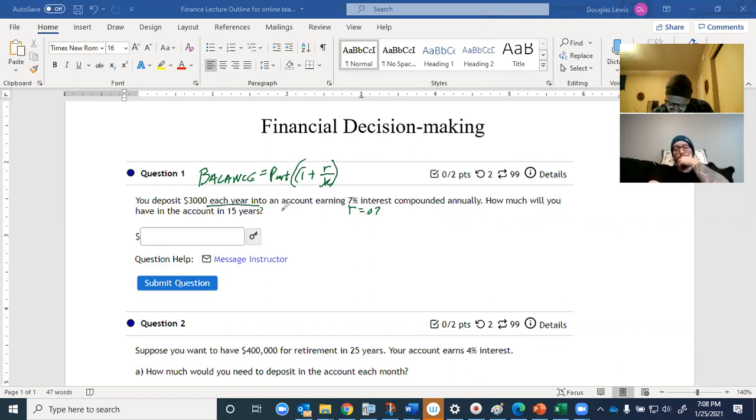And so in this case, K is equal to 1 because we're doing 1 per year. If it were monthly, we'd be doing 12 per year. And then we have K times T. T is the number of years, so that's 15 years. So our T is going to equal 15.